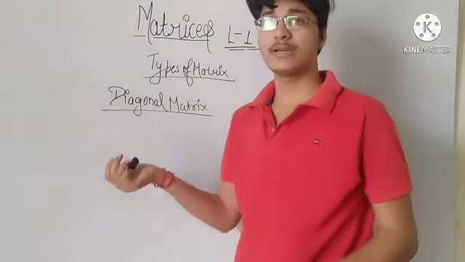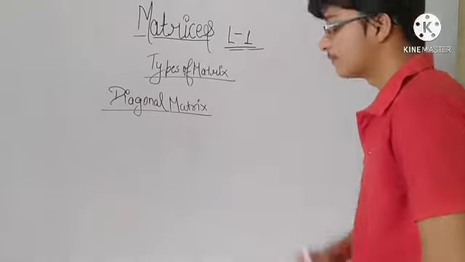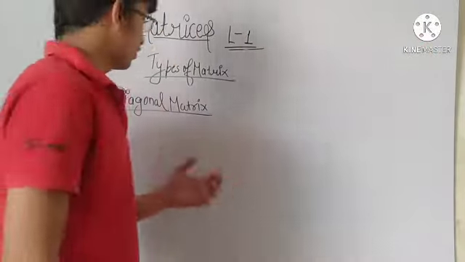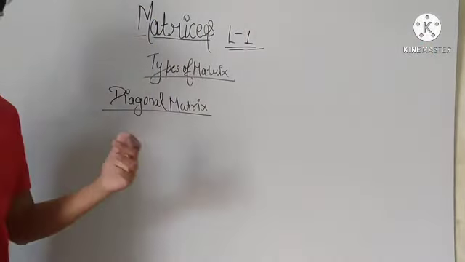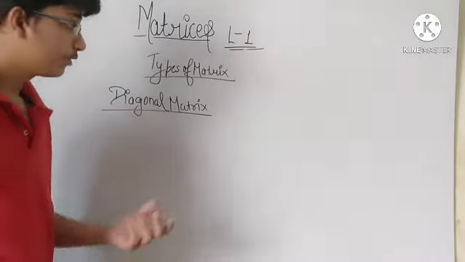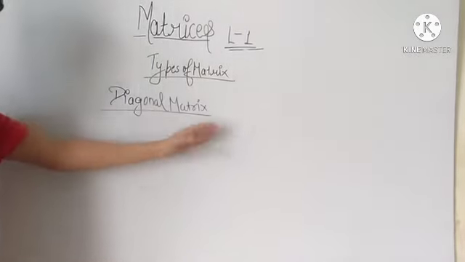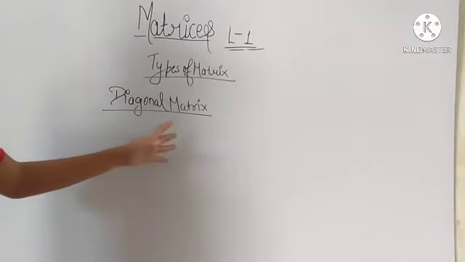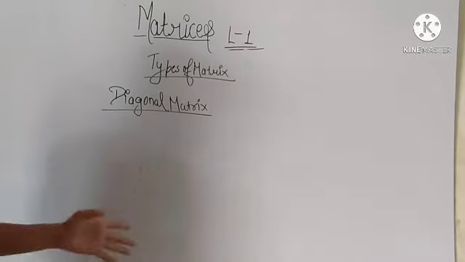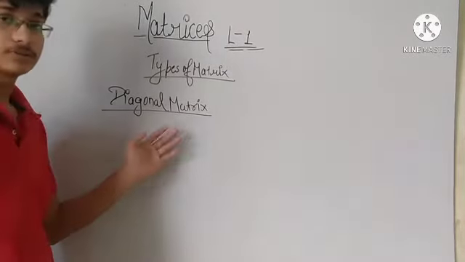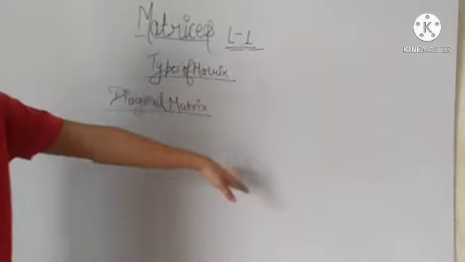A square matrix having all elements of the main diagonal established, I repeat, and the other elements 0, is called a diagonal matrix.